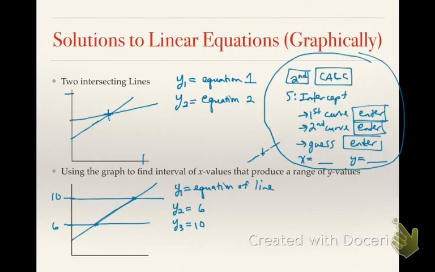First curve will be your y1, but for the second curve, for the second intersection point, you'll have to use the up and down arrows, or the left and right arrows, to get to, on the top of the window, it should say y1, y2, and so forth. Okay, that allows you to choose the equation that you want. Okay, and then you will get your 2 points. So you'll have to do it twice, once for that intersection, once for the second intersection, and then that will give you 2 x values.